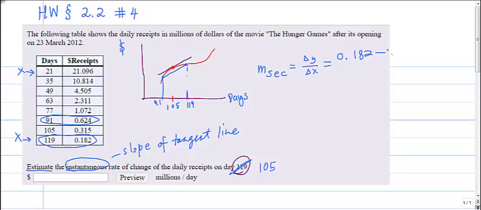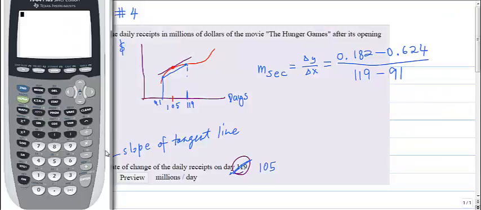So you're going to do 0.182 minus 0.624 divided by 119 minus 91. Okay, so the y values minus the y values over the x values is the slope. Let me go ahead and calculate: 0.182 minus 0.624, which will be negative, divided by 119 minus 91.